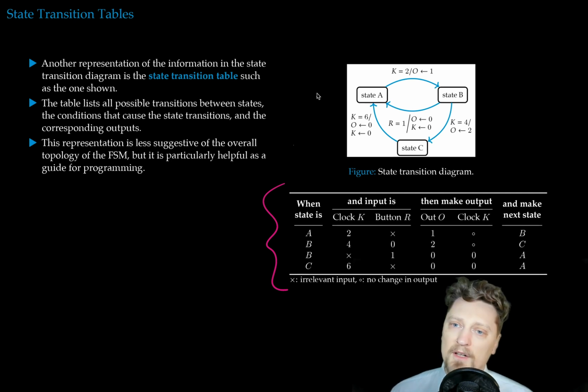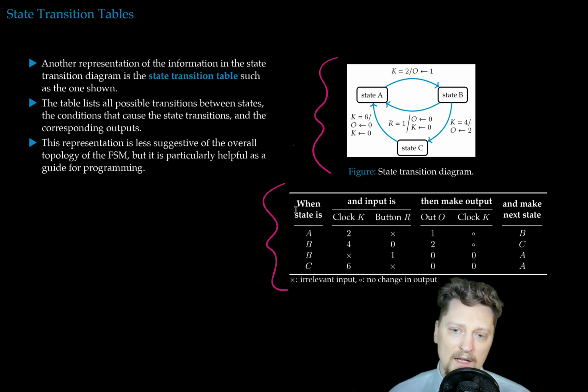So we have the same state transition diagram above that's repeated here, and we have also an alternative representation as a state transition table. So the leftmost column is when state is in one of these states, and the input is one of these inputs.